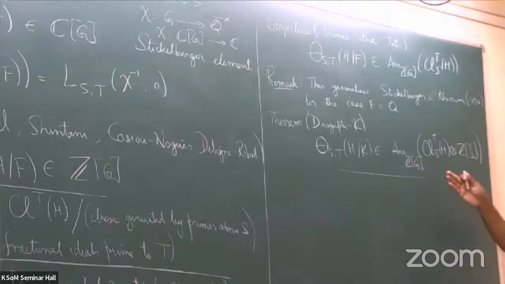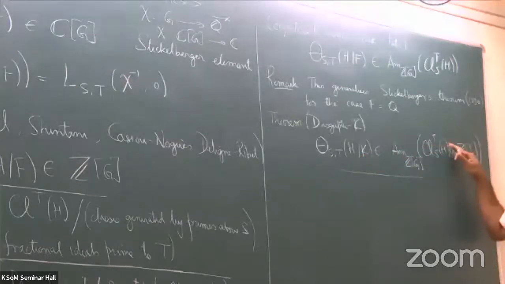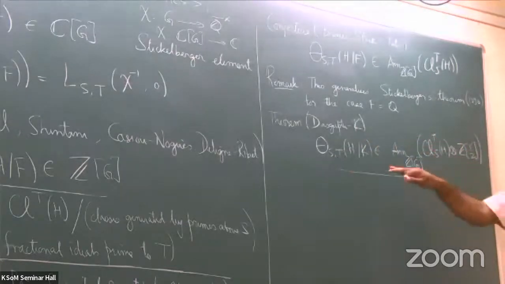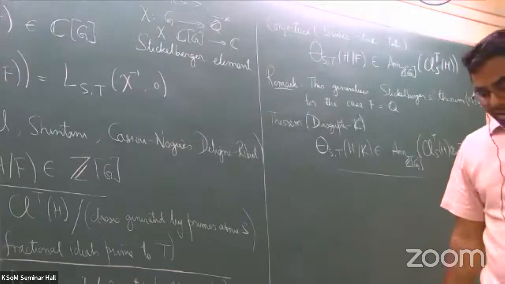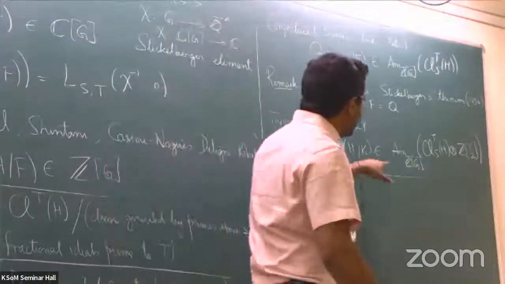The most general method actually tells you how to prove that something arithmetic is contained in something generated by analytic objects. So it tells you how to prove the reverse inclusion.